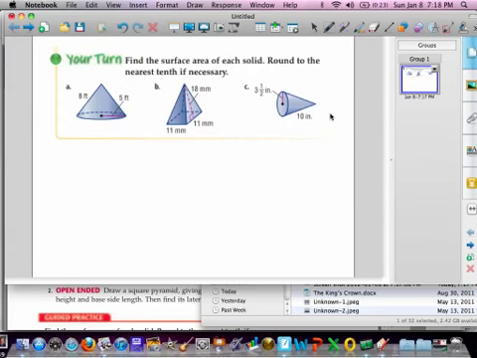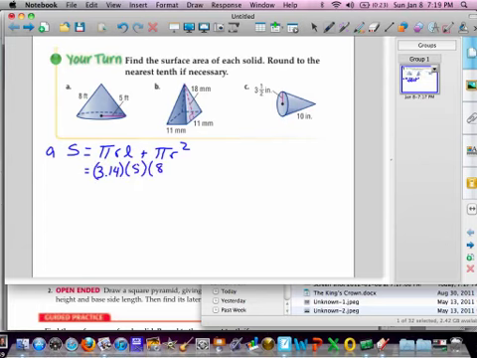All right, so let's figure out the surface area of these shapes here. We'll start with A. And remember, when we're doing a cone, our formula for the surface area is pi r L, slant height, plus pi r squared. So if we put in what we know, we know pi, 3.14. The radius is 5 feet.